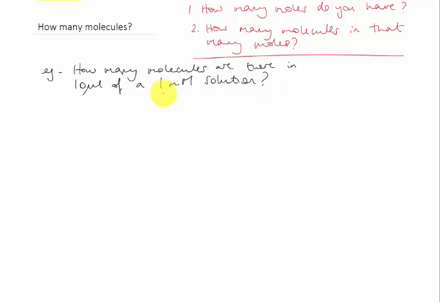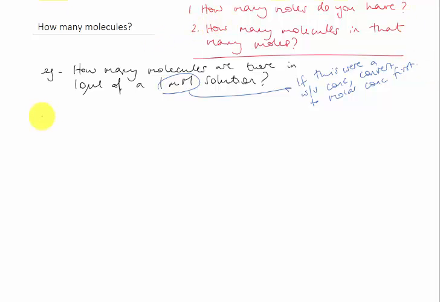Now this is already a molar concentration, but if this had been a grams per litre, weight per volume concentration, you could convert it to a molar concentration. First of all, that's the first thing you need to do. Okay, so first of all, how many moles do we have?